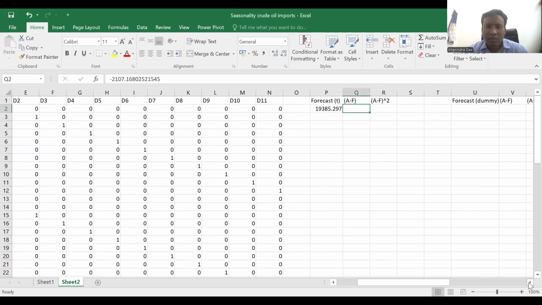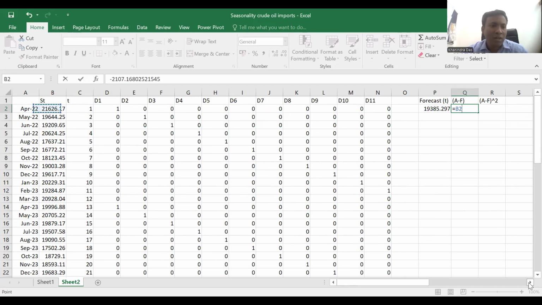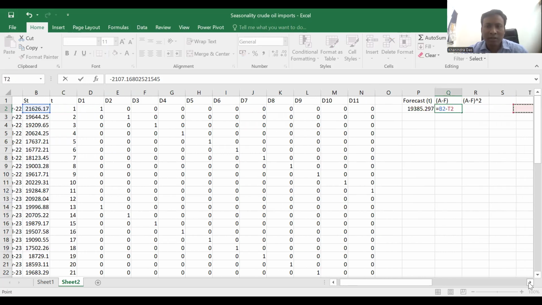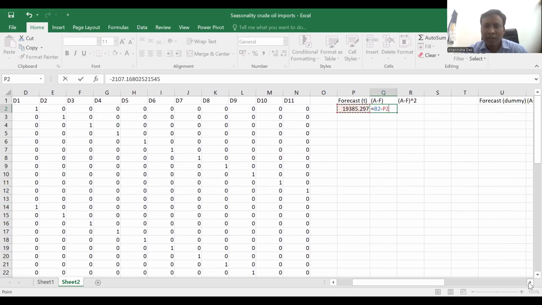So this is therefore my forecast value for first month in the sample, and I can therefore find the deviation of my forecast from actual. So this is the actual minus the forecast, and this is 2,240 metric ton of deviation, and we will square this.